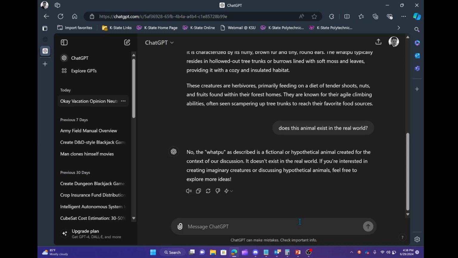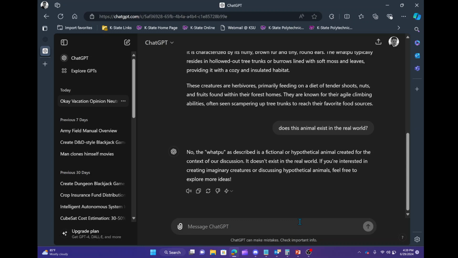And then it accurately describes, no, the what poo as described is a fictional or hypothetical animal created for the context of our discussion. So it rightly asserts that it is not a real animal. And again, when it comes to ChatGPT and OpenAI models, they will answer the questions that you give them, and they will entertain creatively the questions that you give them.